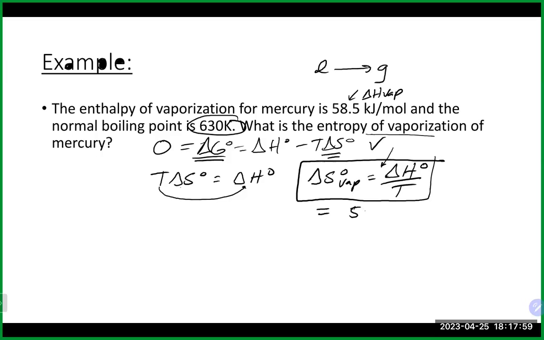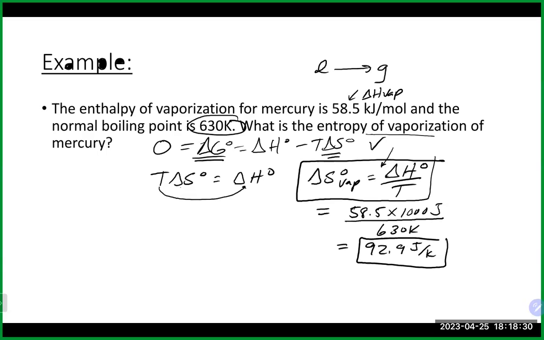So we'll have our 58.5, and I'm going to once again times it by 1,000 because typically S's will be given in joules, so that's why I'm doing that. You don't necessarily have to in this particular case. We will divide it by 630 Kelvin here, and 58.5 times 1,000 divided by 630 is going to give us about 92.9 joules per Kelvin as our delta S of vaporization.